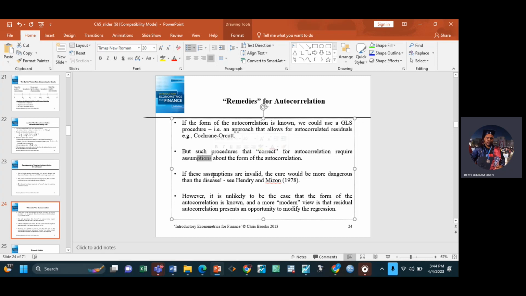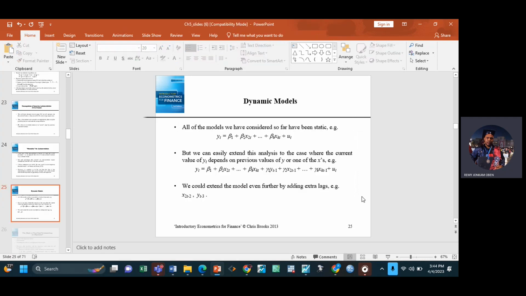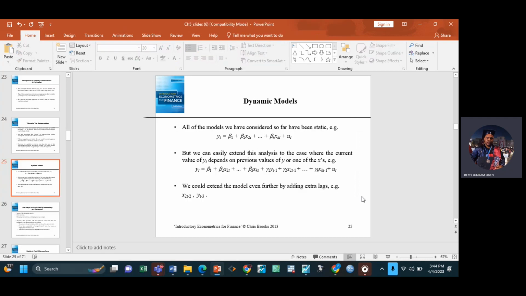But if we make these assumptions wrongly, then instead of solving the problem, we'll create a bigger problem. That's why they say the cure could be more dangerous than the disease, right? However, it is unlikely to be the case that the form of autocorrelation is known. So, since in practice we cannot know the form of the autocorrelation, we cannot use generalized least squares in practice, right? So there are other methods we can use, which I just mentioned.